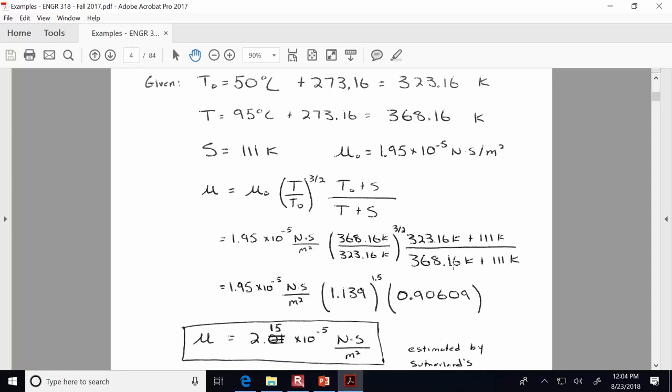Okay, good. You'll notice that when I do these examples, I include the units, and I'm going to do that for every example we work through the entire semester, and next semester, when you have me for hydraulic engineering. I'm always going to include the units because, number one, it's easier to avoid mistakes if you write the units. Let's say, for instance, that I had forgotten to convert from Celsius to Kelvin.